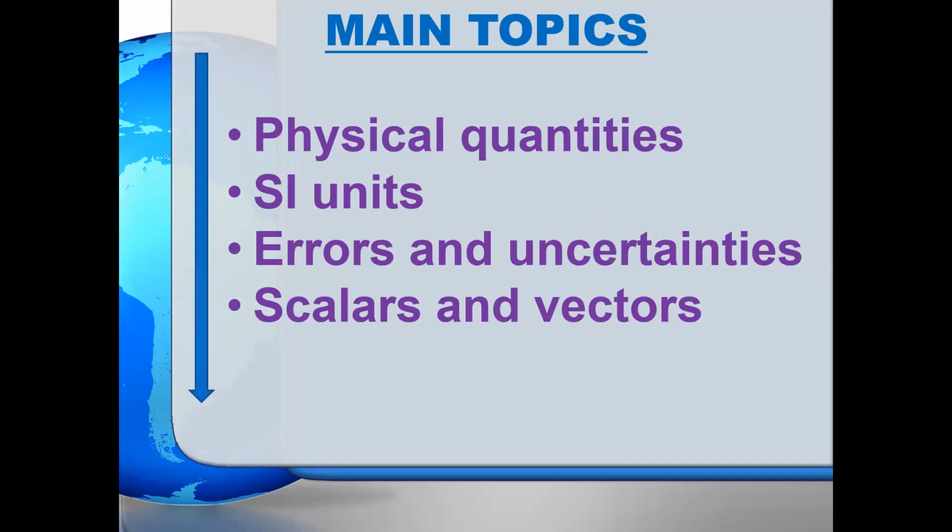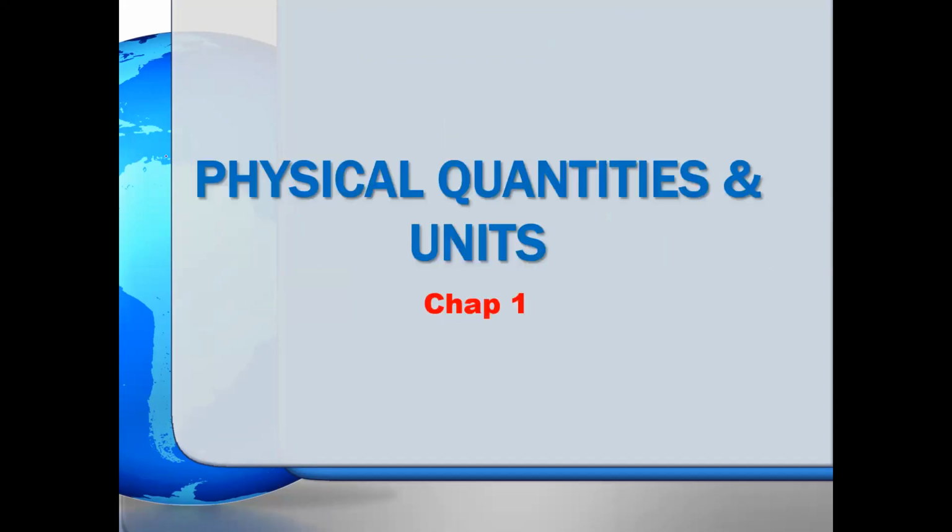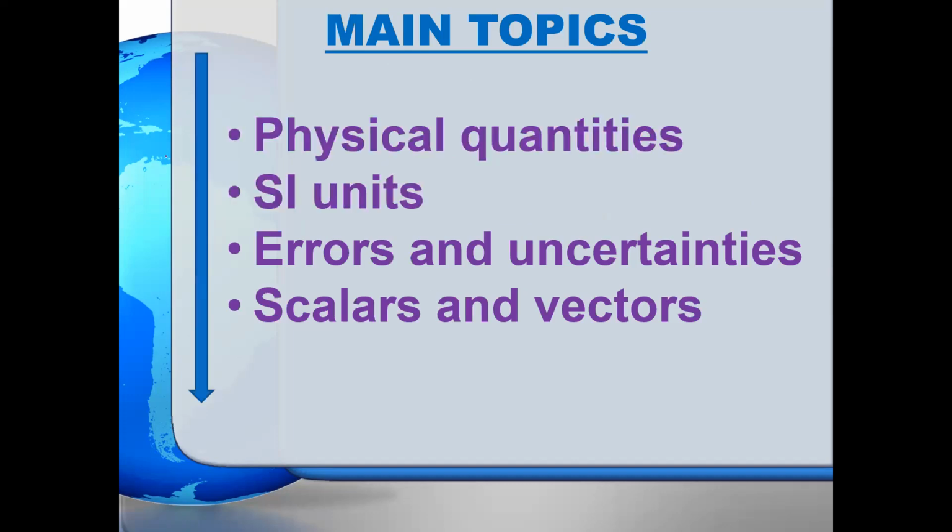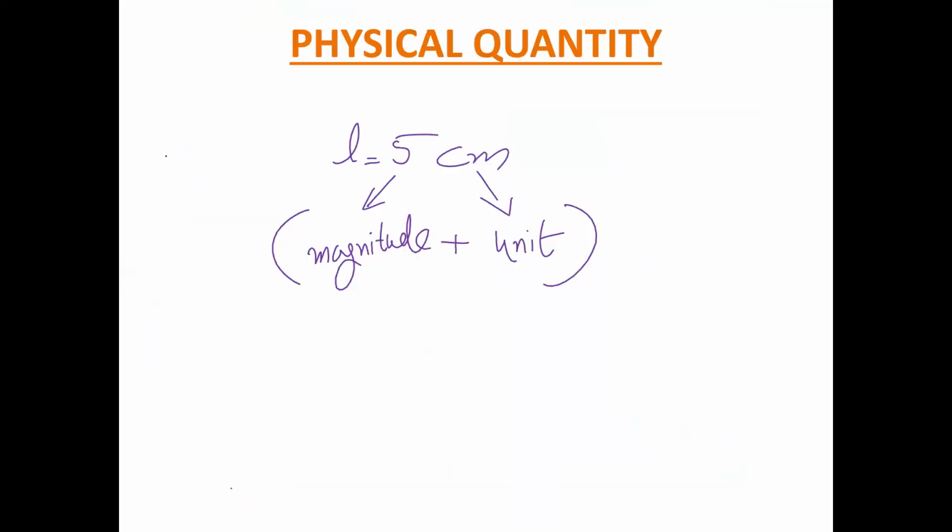Okay, let's quickly recap what we started today. We first made an introduction of our AS physics, and this is the first chapter, physical quantities and units. We introduced the concept of a physical quantity, something with a magnitude and a unit.